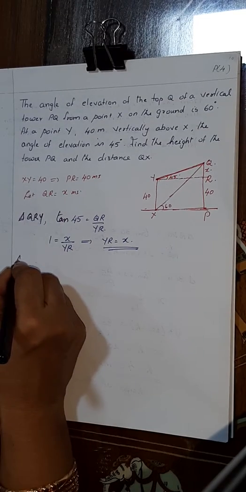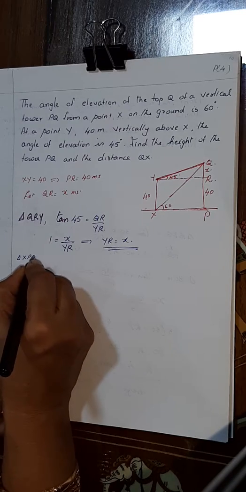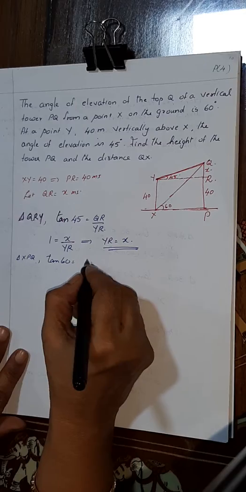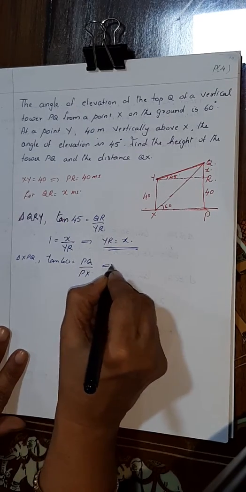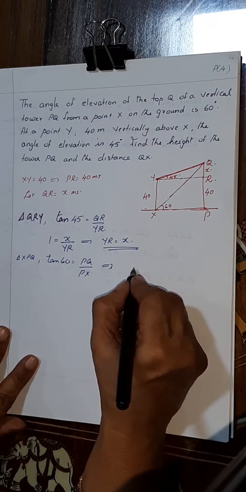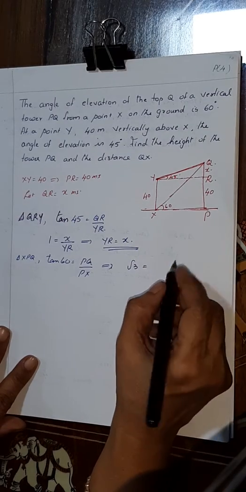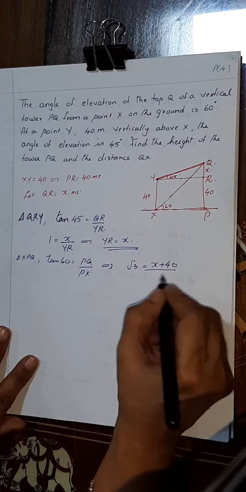And now, in triangle XPQ, tan 60 is equal to again PQ by PX. So, tan 60 is root 3, and PQ will be x plus 40, by PX.